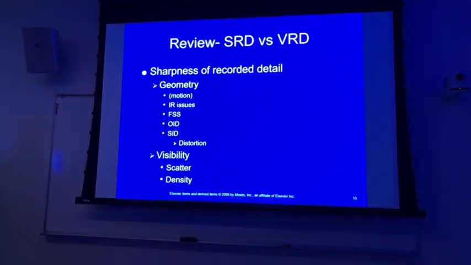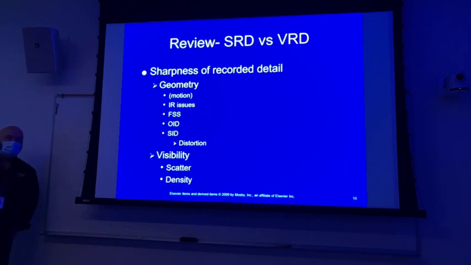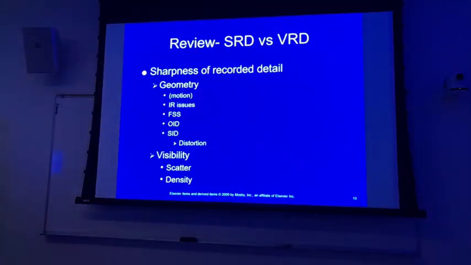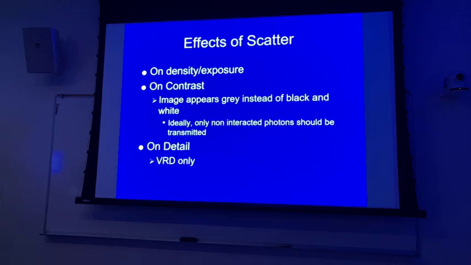We talked about image receptor issues a little bit, and we'll talk about that more later in the curriculum. We won't get to it this semester. Focal spot size is what you use on the machine to affect a change in sharpness or recorded detail, but certainly OID and SID play a portion in that, as well as angulation.